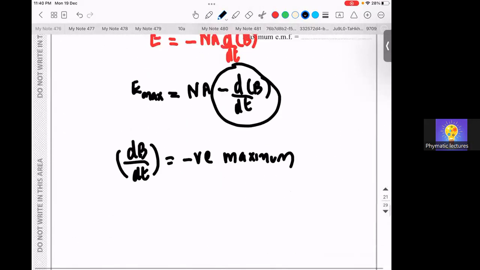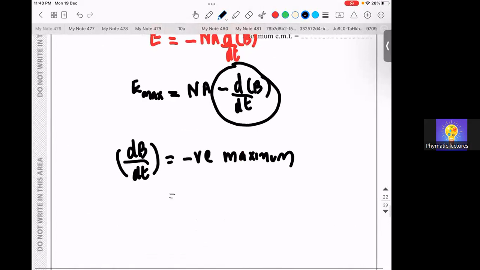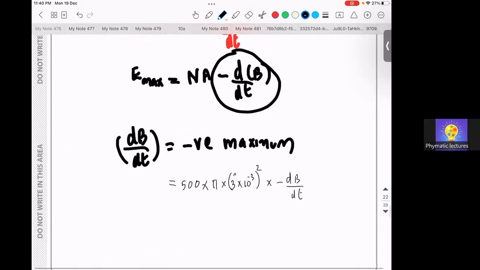So substitute this. The number of turns is 500, and it is a circular coil, therefore the area is pi r squared. So pi into 3 into 10 raised to minus 3, because we need to convert mm to meter, whole squared, into the negative gradient, minus into minus 100.